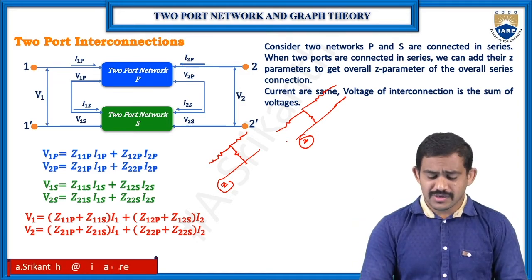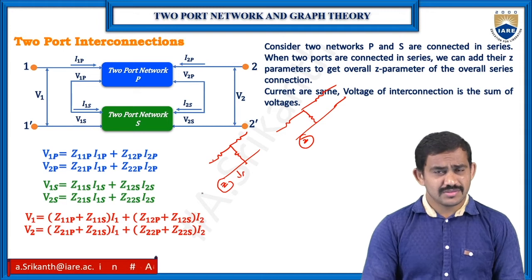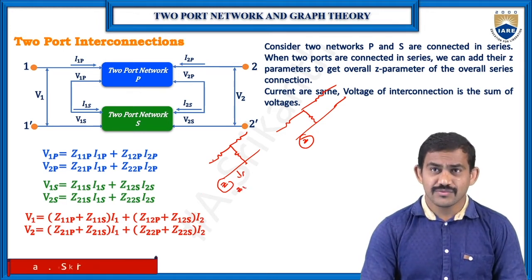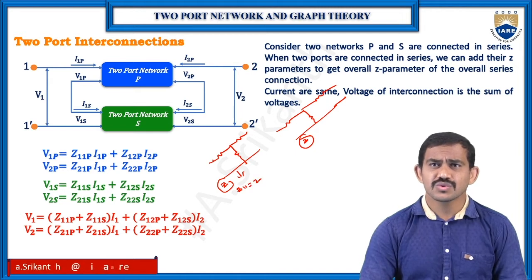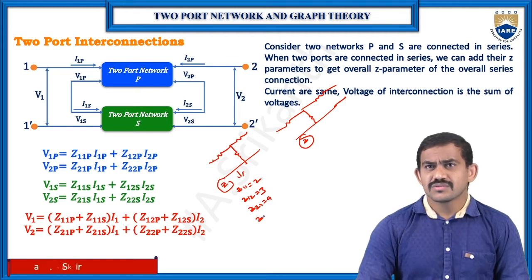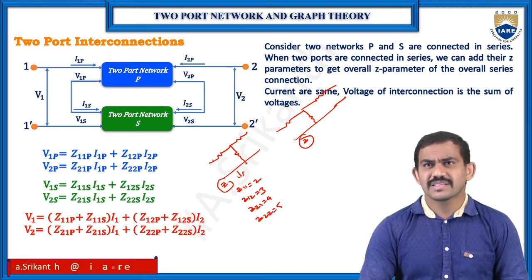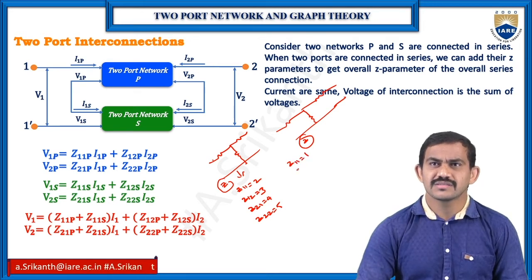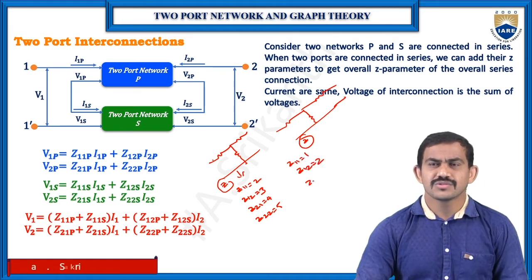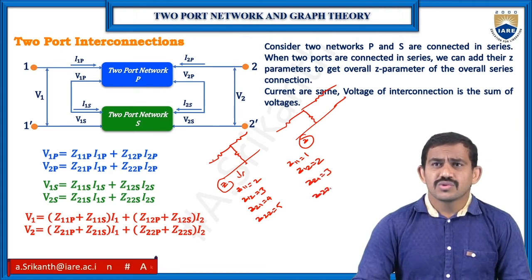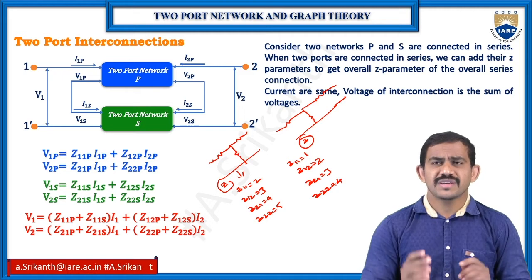Very simple. Suppose in one example circuit I have Z11 is 2, Z12 is 3, Z21 is 4, and Z22 is 5. From the other circuit, I have Z11 equal to 1, Z12 equal to 2, Z21 equal to 3, Z22 equal to 4, so different values.